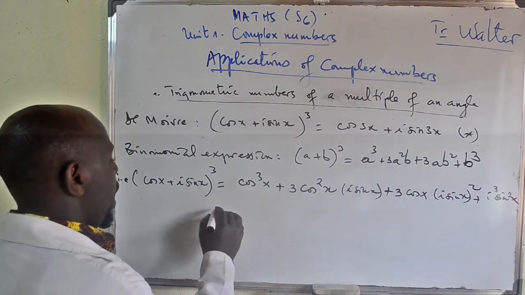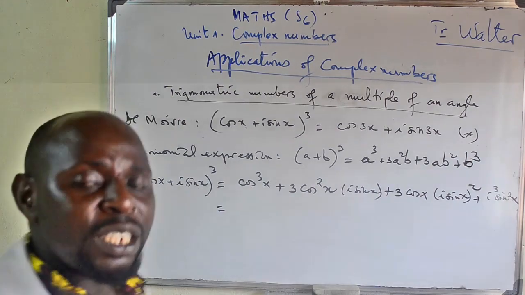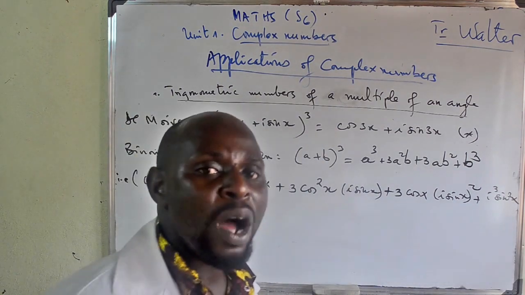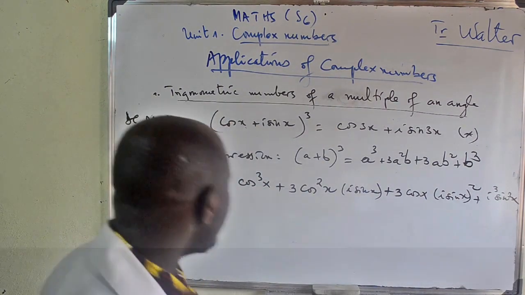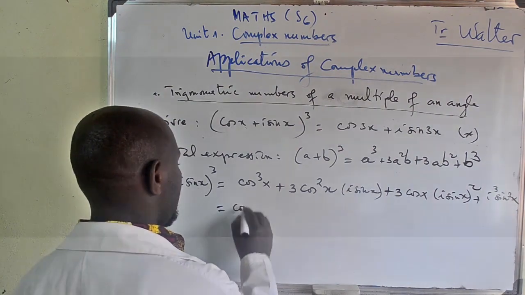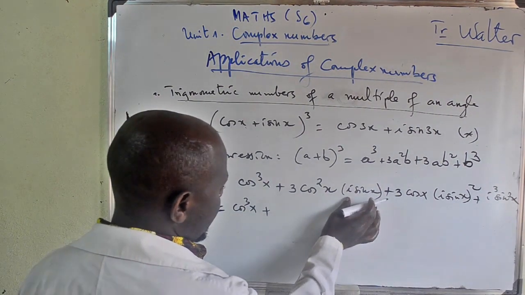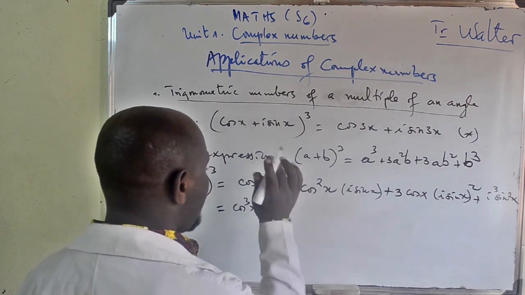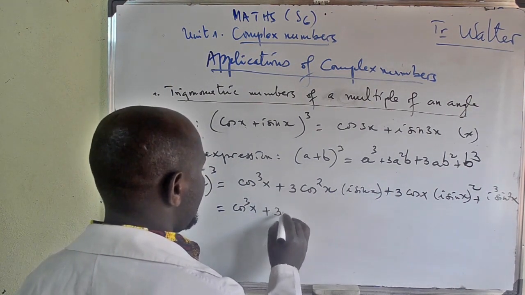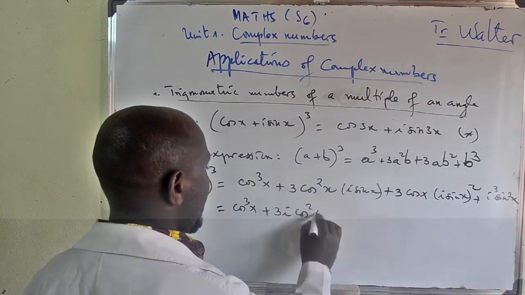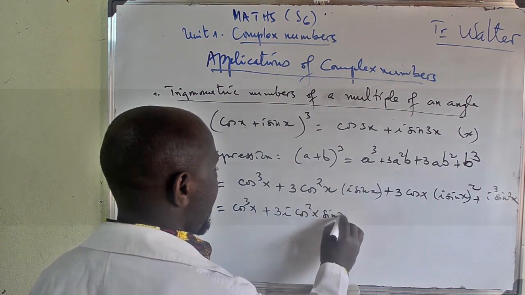Now, remember one thing, we have learned how to simplify the powers of i. So this will remain cos cubed x plus, for the first i, 3i cos squared x sine x.